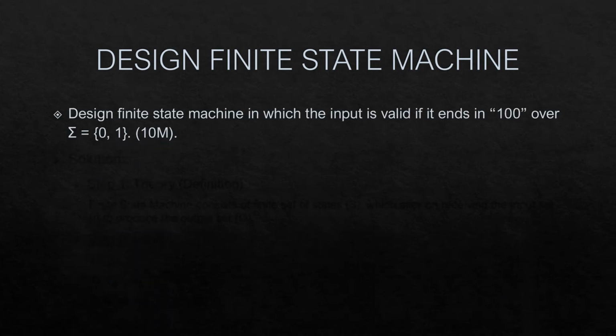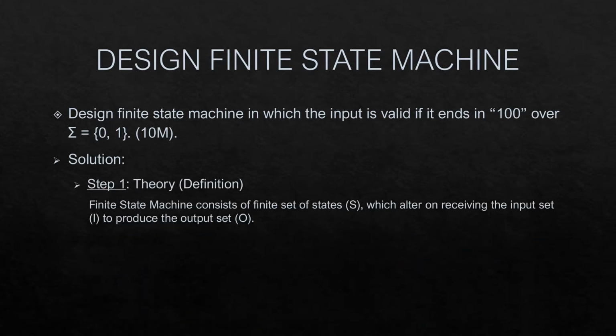So let's begin. Design finite state machine in which the input is valid if it ends in 100 over the input 0, 1. Solution. Step number 1 as usual is theory, that is the definition of FSM. Step number 2 is logic. Now here, since input is already given, I will be equal to 0 and 1.